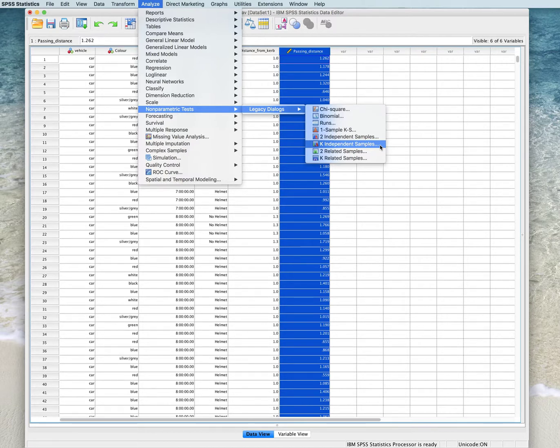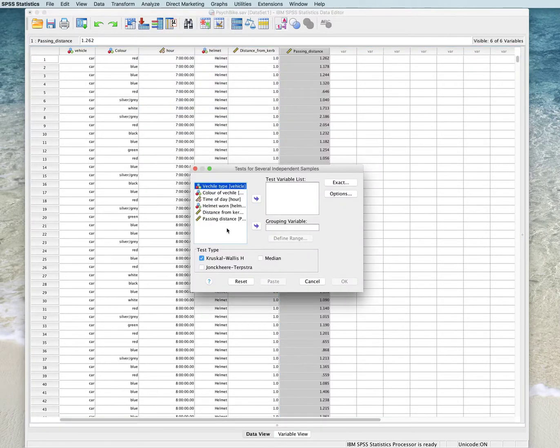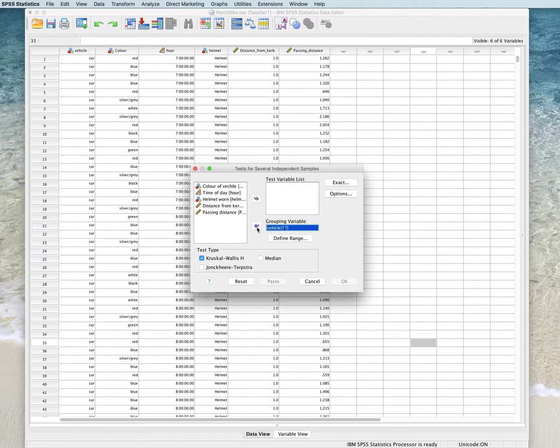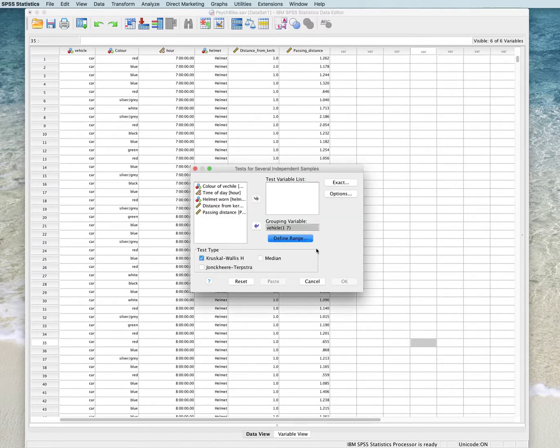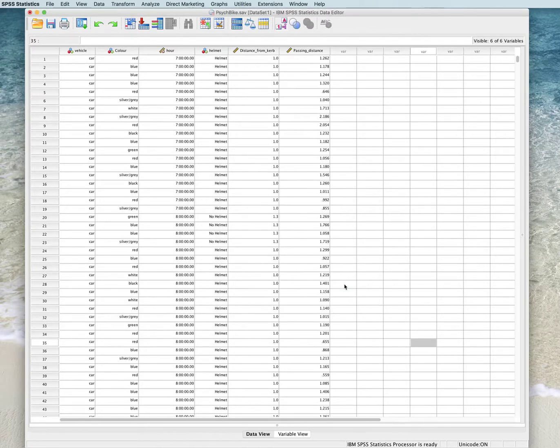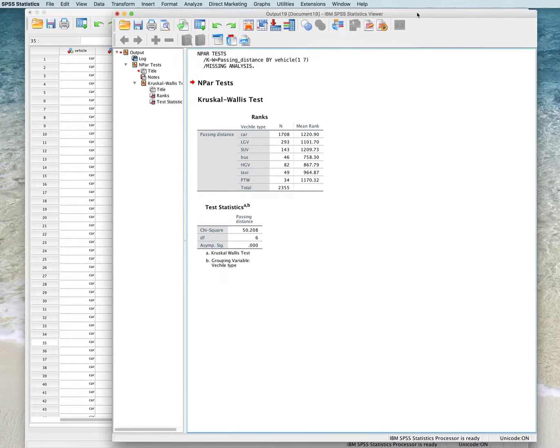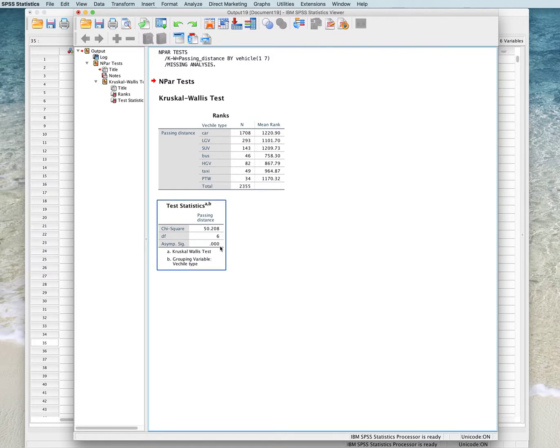And they're independent samples because a car is independent from a motorbike, is independent from a bus, etc. So we put vehicle type as the grouping variable, and we know that we've got 7 different groups. And then we put passing distance, and this will carry out the Kruskal-Wallis test for us. We click OK. It's telling us that there is a statistically significant effect.